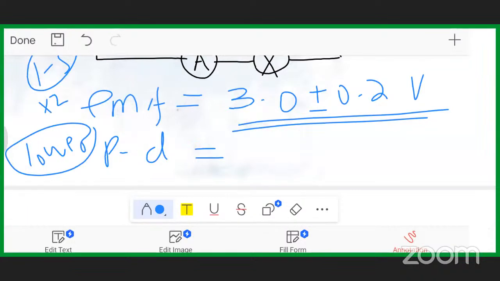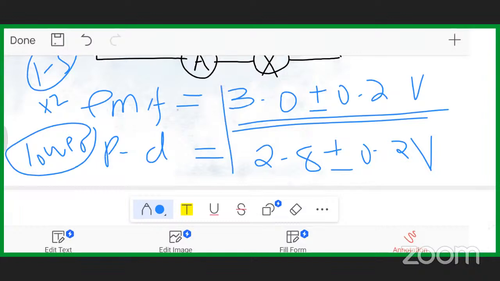That's not possible. The PD has to be lower than the EMF. So this PD will be maybe 2.8 plus or minus 0.2, based on your previous reading. If your EMF was 3.0, we expect your PD to be around 2.8, maybe 2.6, something lower.